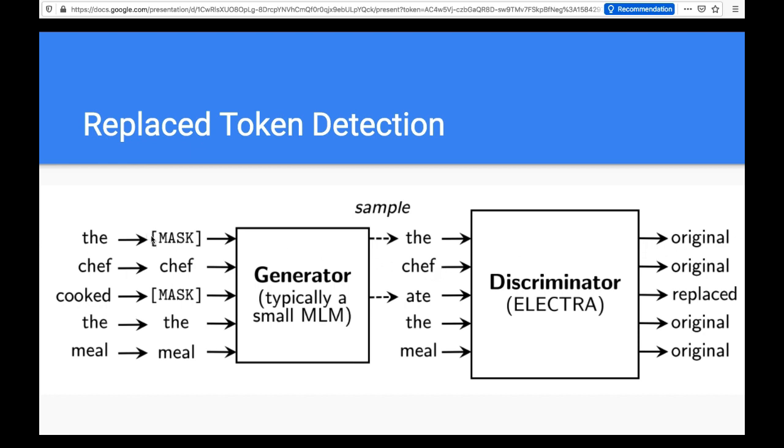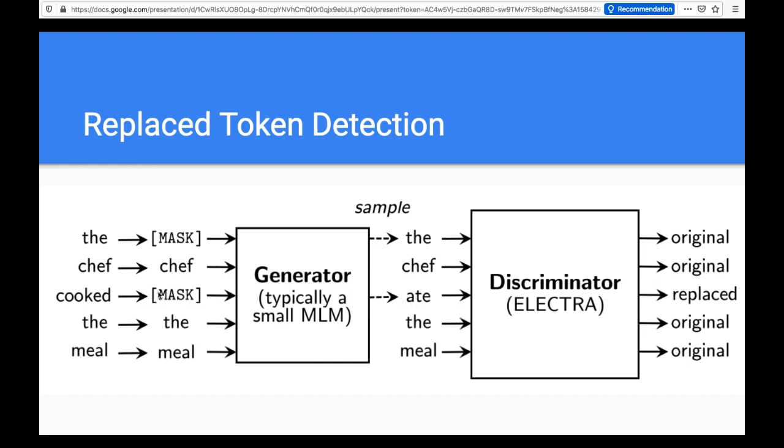For this example, the token that was originally masked, the generator predicted the same one as the input, so it's considered real, and the discriminator predicts it as original, which is correct. And "chef" didn't get changed, so it's the same as the input. So the prediction is original, which is right.